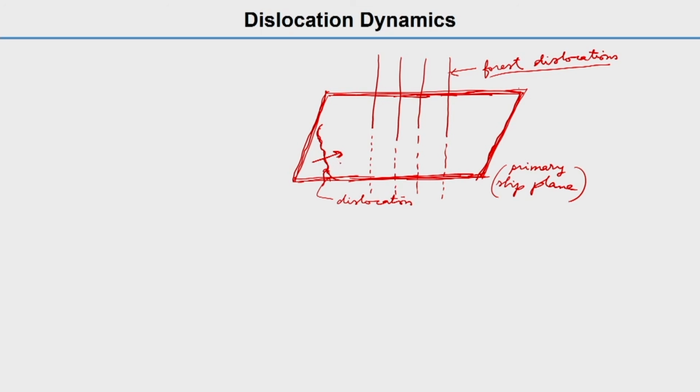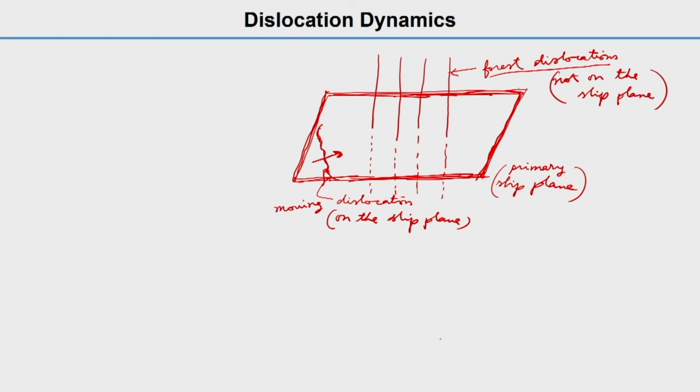So what happens is, like this dislocation which is now on the slip plane, this dislocation is moving, and I will just write moving dislocation here, and this is on the slip plane, and these are not on the slip plane. That means it is crossing the slip plane at some points.